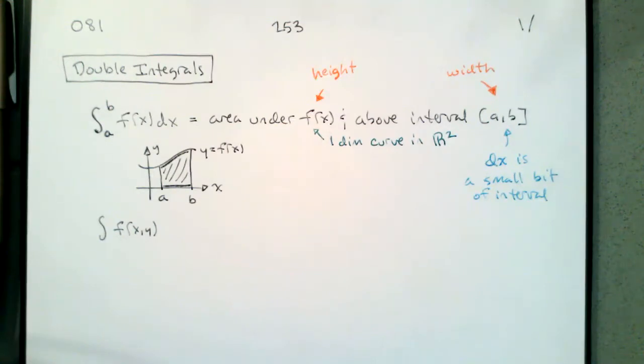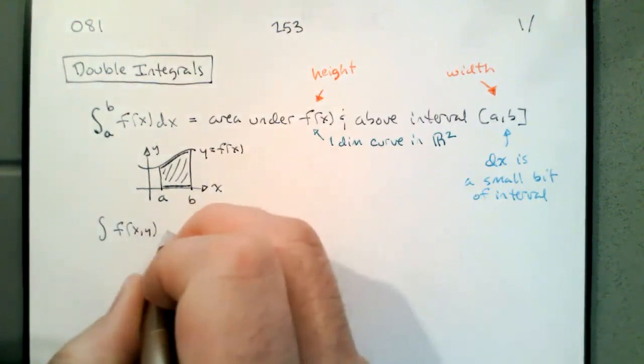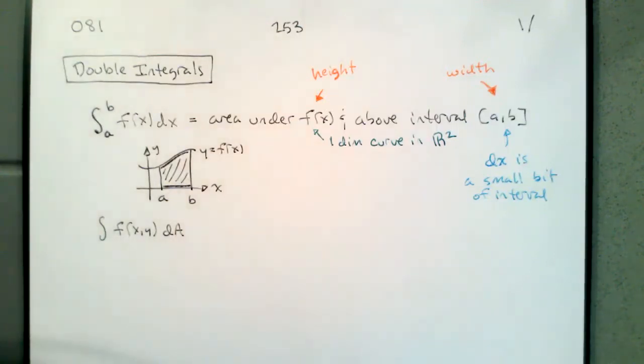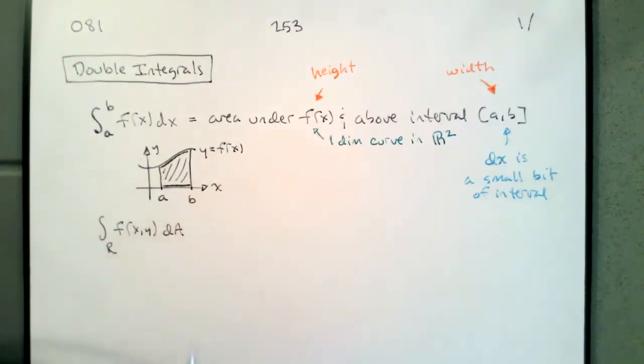So when we integrate a function of two variables, we're not going to find the area under a curve and above an interval. We're going to find a volume below a region, volume under a surface and above a region. So here's what it's going to look like. We're going to integrate f of xy, but instead of dx, a little portion of an interval, I'm going to say dA, a small piece of area, and we're integrating over a region.